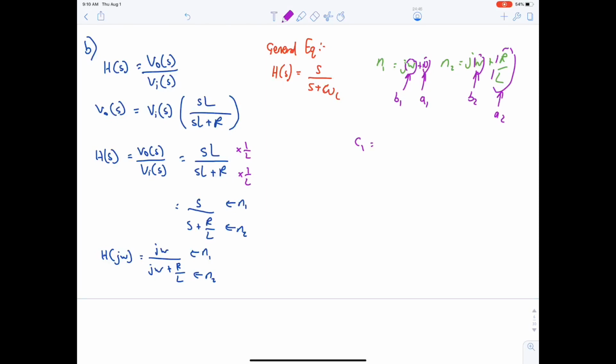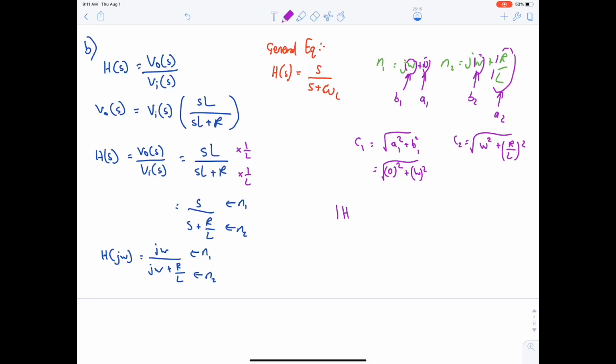So C1 is the square root of A1 squared plus B1 squared. So it will be 0 squared plus omega squared, and C2 will be omega squared plus R over L squared.